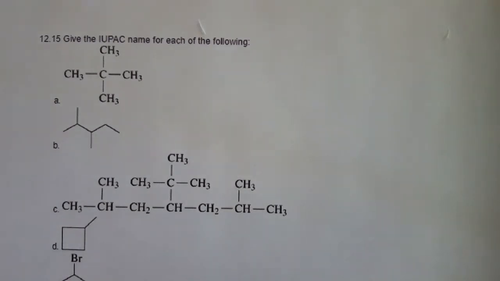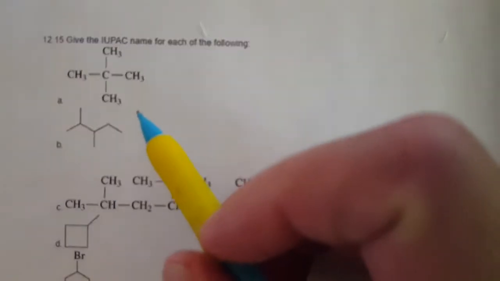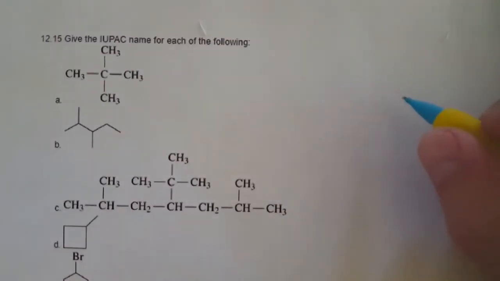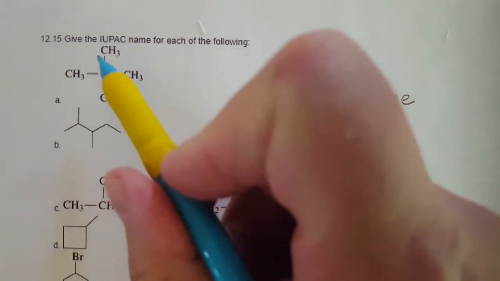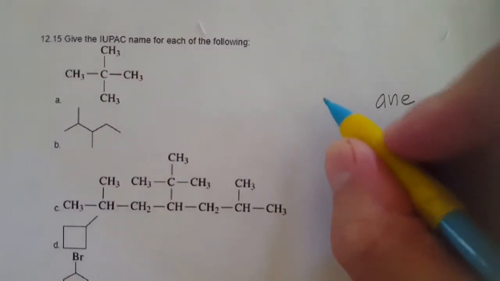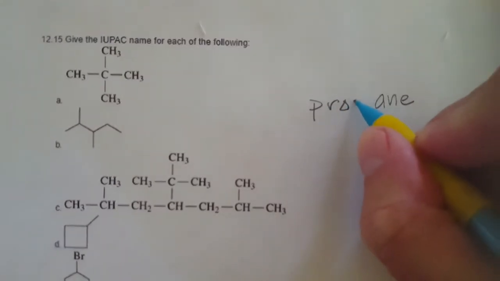Okay, let's name alkane structures that have substituent groups. So in this case, once again, it's an alkane, all single bonds, so it's going to end in ane. What is the longest chain? 1, 2, 3, it's 3. So that's going to be prop. So this is a propane.